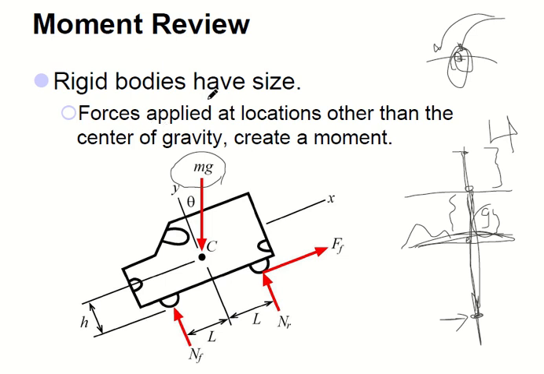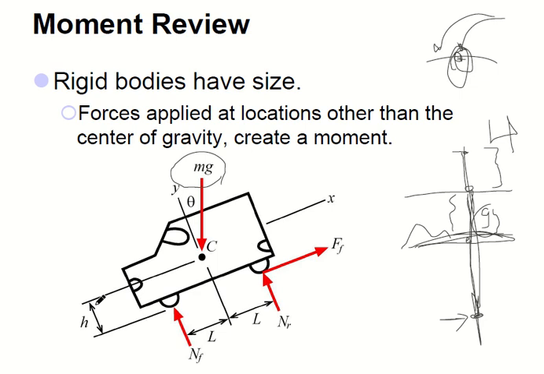In rigid bodies, they always have size because they have mass, so therefore they've got the size and the shape. Of course, if your forces are applied at locations other than the center of gravity, they're going to create the moment. So how can an external force tilt or tip this rigid body into some sort of rotation?